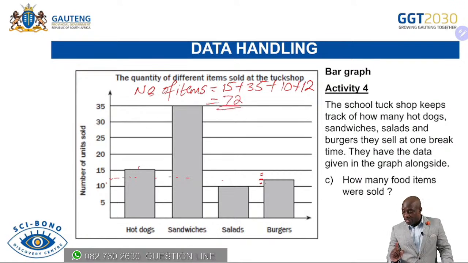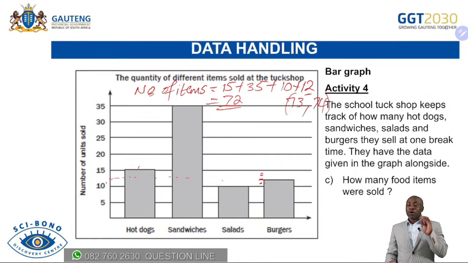Now, remember what I said. You are allowed to give us an answer that is different. You could have said 13 there, your answer was going to be 73. You could have said 14 there, and your answer was going to be 74. You can't say 15 because this value doesn't touch the 15 there. So that is acceptable.